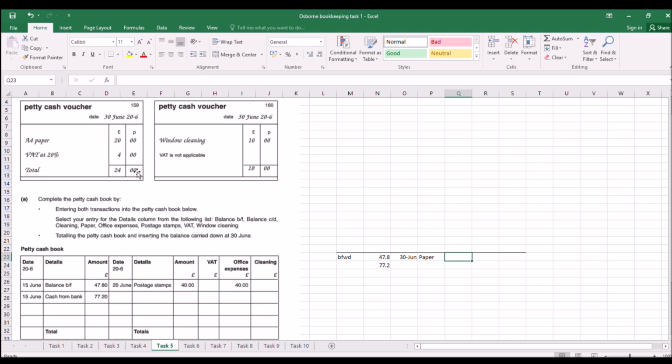An amount here is the actual amount of lump of cash that went out, so it'll be £24. But then we've got VAT, we've got office expenses, and we've got cleaning. So we're going to have VAT on that, which is going to be £4, and we've got the office expenses of £20 there.